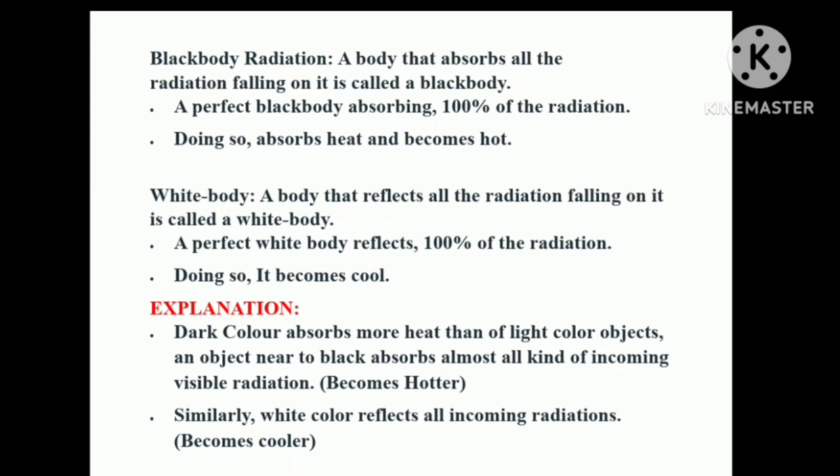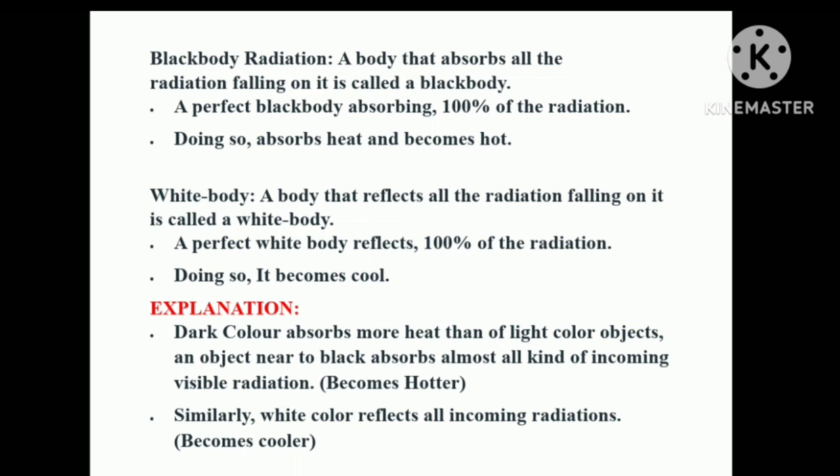A black body absorbs all the radiation falling on it. A perfect black body absorbs 100% of the radiation, and doing so absorbs heat and becomes hot. Whereas a white body reflects all the radiation falling on it. A perfect white body reflects 100% of the radiation, and doing so, it becomes cool.